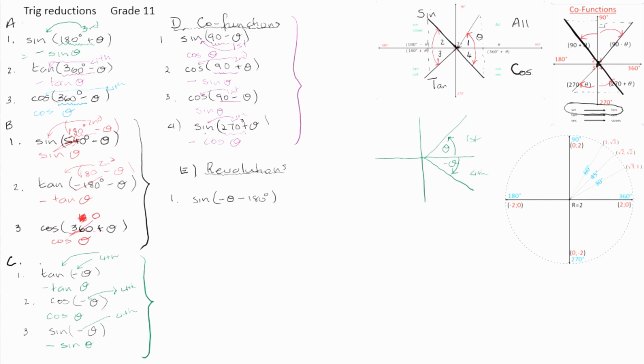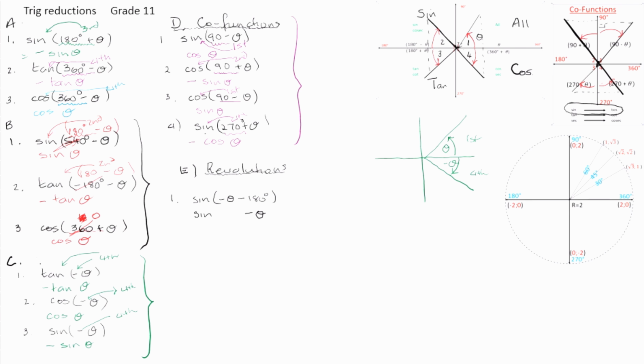Right, we are now going on to the revolutions. The way to identify a revolution is that the theta comes to the front. Not every single one is a revolution, but this one is. So negative theta, put it at the back, so at least it's following the tables that we have.